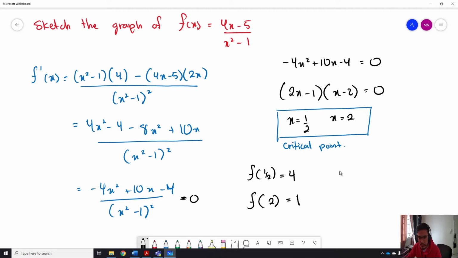So the critical points are (1/2, 4) and (2, 1).